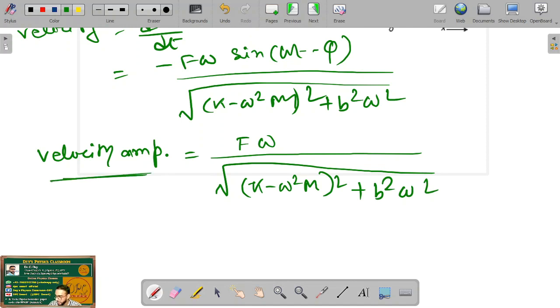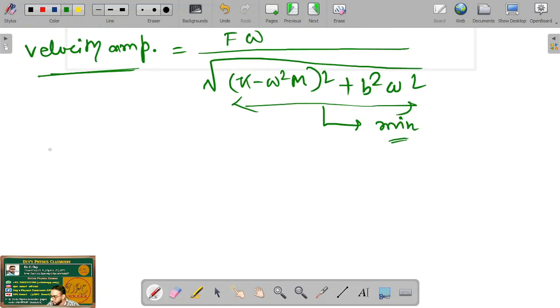Similarly we have to calculate the maximum value. Now this velocity amplitude would be maxima when the denominator is minima. The denominator would be minima when this bracketed term k minus omega square m becomes 0.